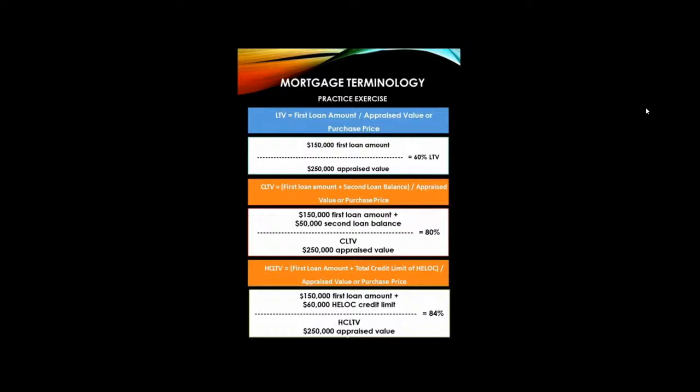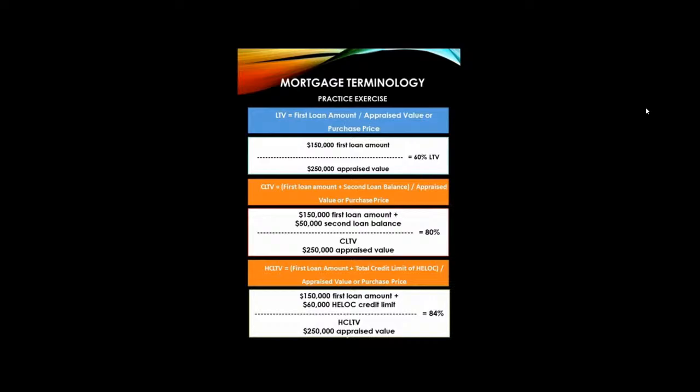Okay, so let's go back to the LTV. The LTV is the $150,000 loan amount divided by the $250,000 appraised value, and you get 60%. The CLTV is the $150,000 loan amount plus a second loan balance. Let's say the borrower has a $60,000 HELOC and has already used $50,000.